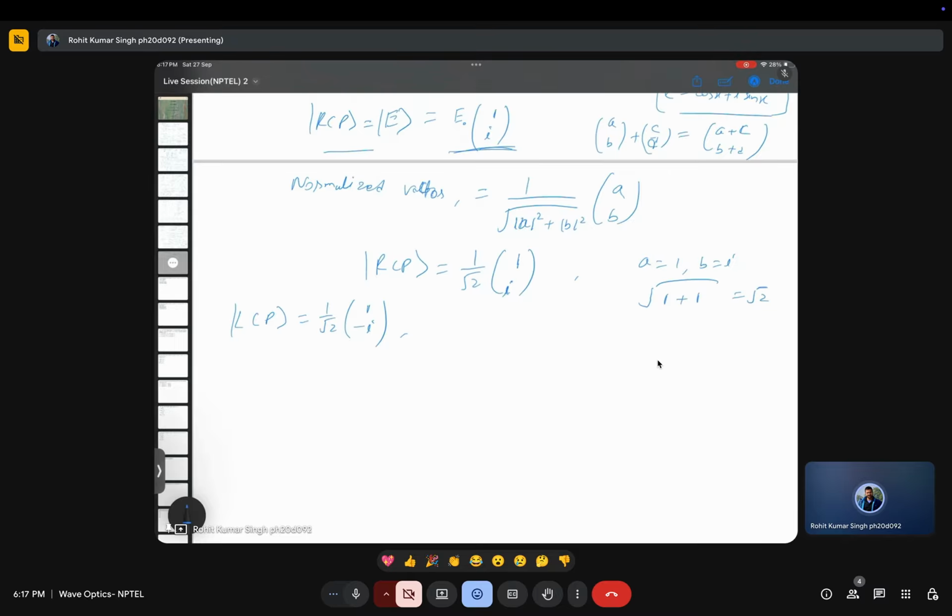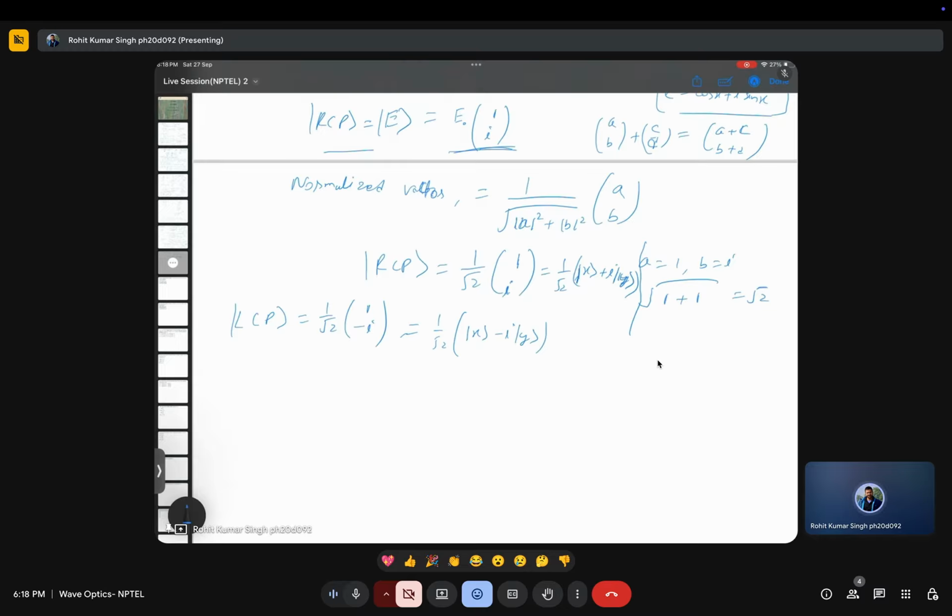You can see that this is nothing but equal to square root of 1 by 2 into ket x plus i ket y, and this is ket x minus i ket y. And similarly, you can invert this equation to write x and y in terms of right and left circularly polarized waves.